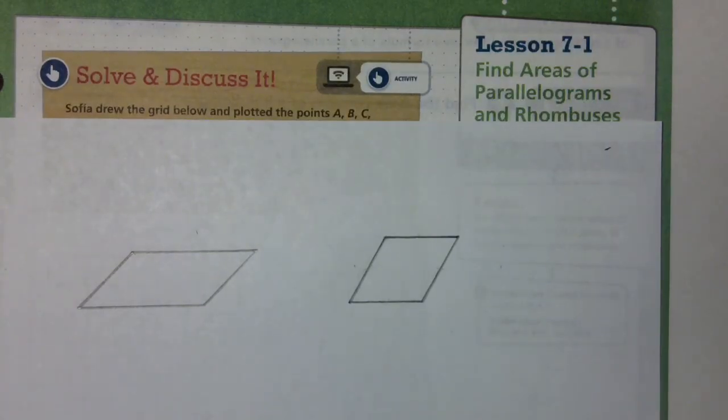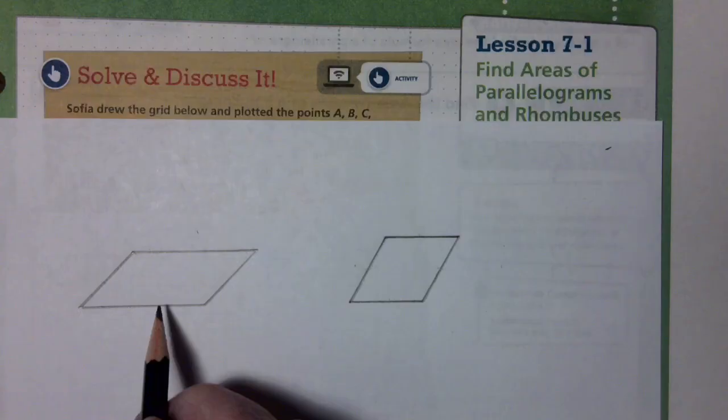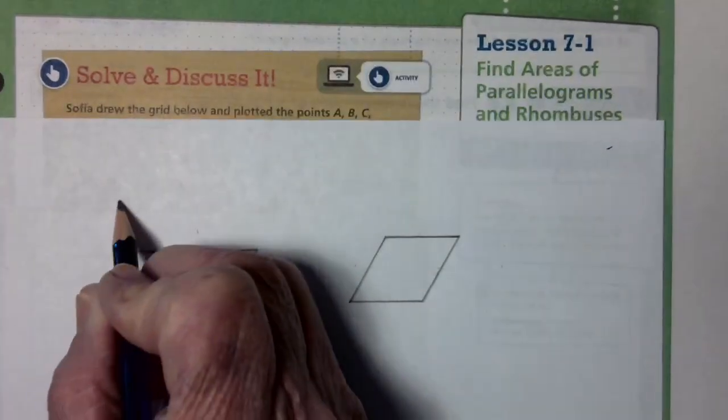And I need to know if you know which one is which before we ever begin this lesson. And I need you to know why they are called parallelograms. So we're going to, just for a minute or two, talk about the properties of what makes a parallelogram a parallelogram. Okay, so first of all, this one on the left is a parallelogram.